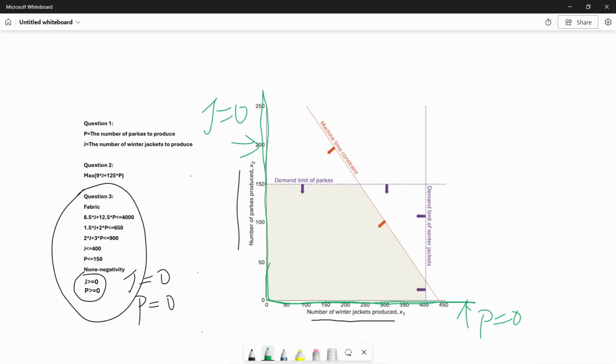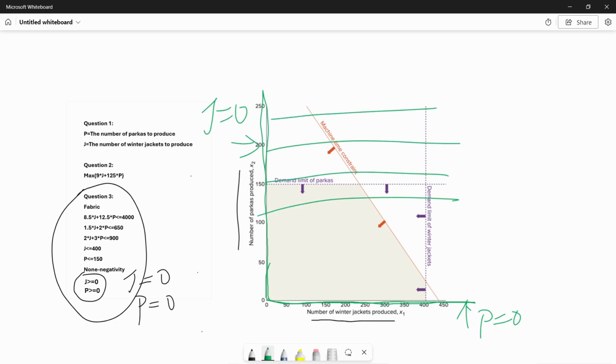Before I move on to the demand limit constraints, I want to help you understand how we reflect j larger than or equal to 0, because we only identified j equals 0 and p equals 0, but the actual constraints are j larger than or equal to 0 and p larger than or equal to 0. So what you are looking for is an area. For j larger than or equal to 0, it is this whole area.